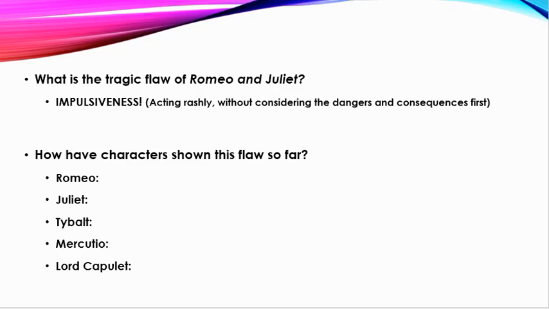So, all of the characters, those 5 names on the board, all act impulsively. So Shakespeare was trying to teach us impulsive actions lead to downfalls and deaths. And in this case, again, the theme would come from the inverse of that, which is if all these characters had slowed down and thought through things, they'd still be alive.